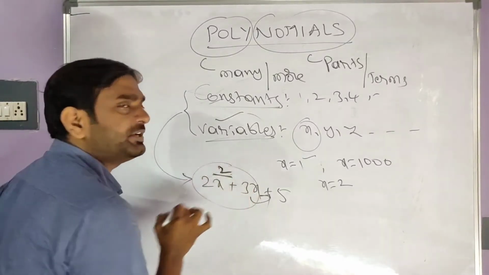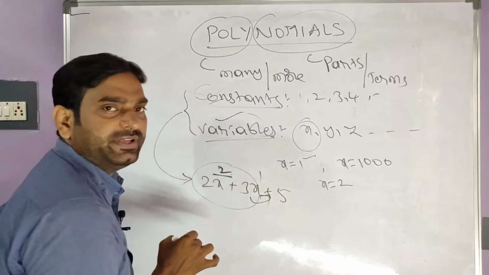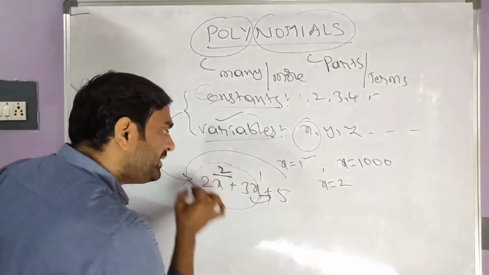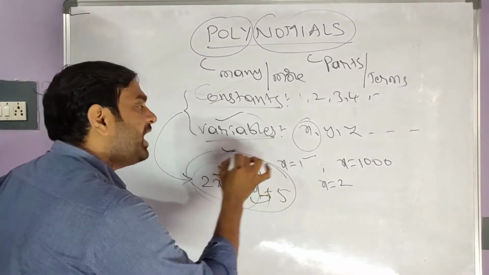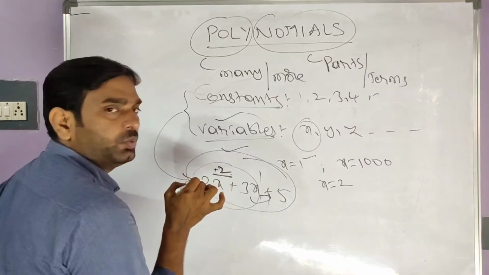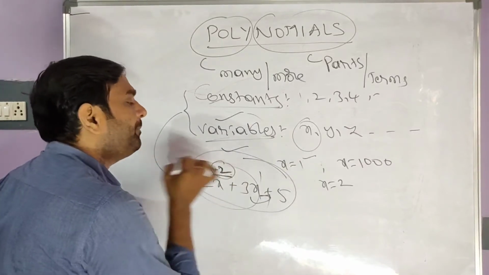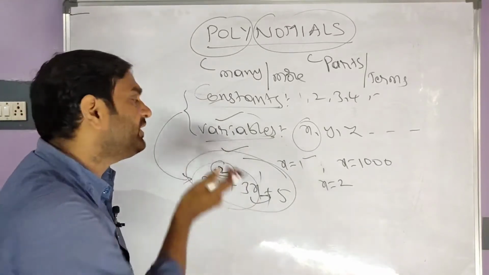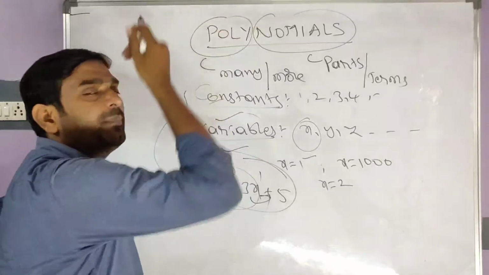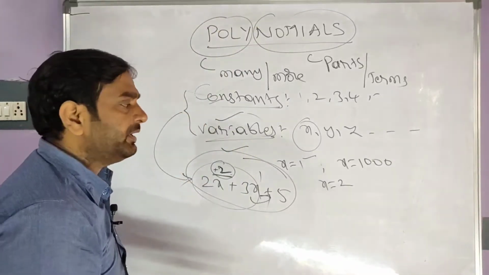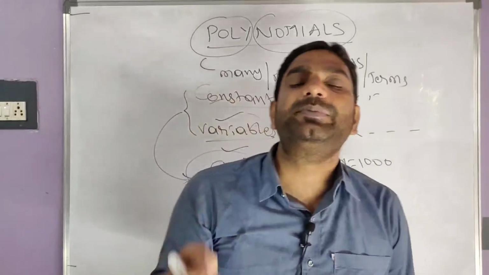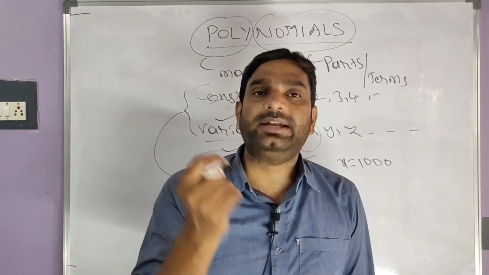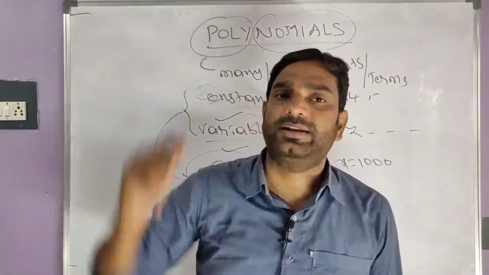Is this positive or negative? Positive. What is the power of this variable? 1. Positive or negative? Positive. That means an algebraic expression which has positive integral power. Integral means integer, positive integer. If it has a positive integer, then it's a polynomial. So we can say that an algebraic expression which has non-negative integral power is called a polynomial.